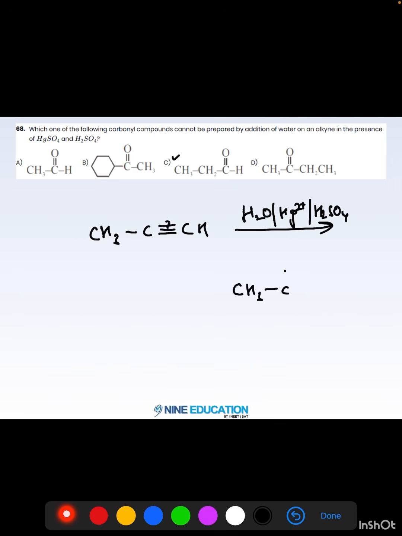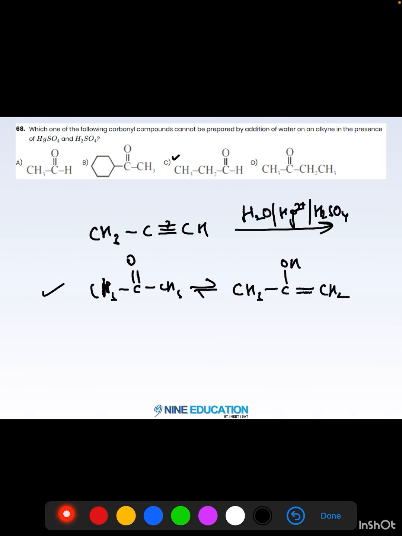So what you will be getting, you will be getting CH3COH, here we are going to have CH2, and now if you can see this form is nothing but enol form, and this enol form in the acidic medium will be remaining in equilibrium with the keto form, which will be giving you simply CH3 C double bond O CH3, meaning in this case the predominant product will be your ketone, which will be your acetone.